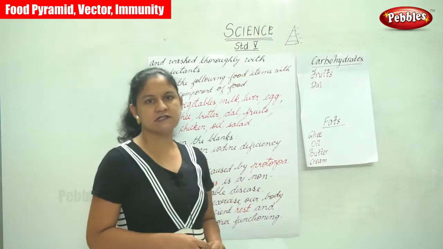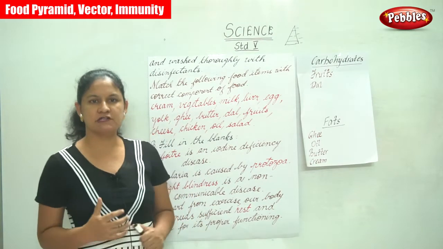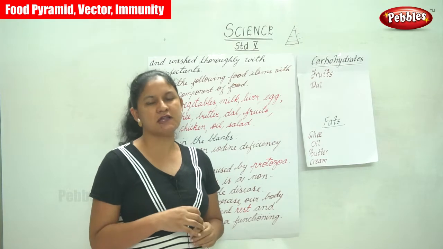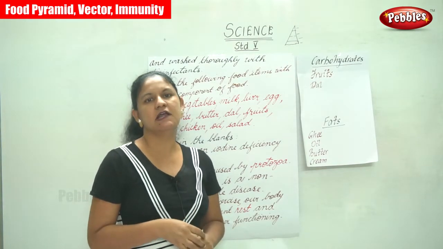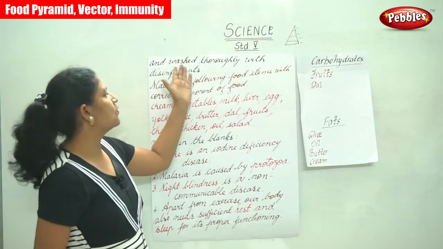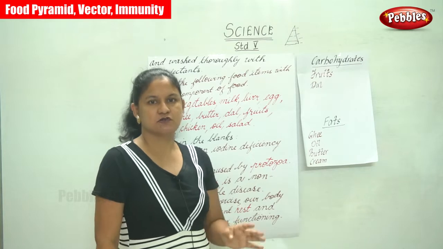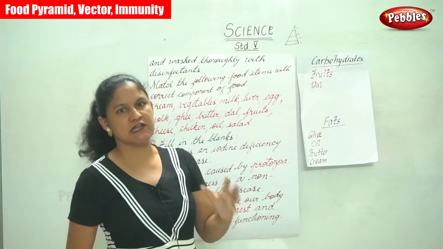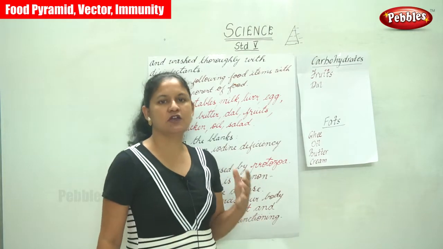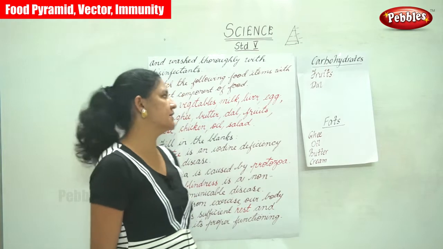So we've seen that all the articles used by that particular person need to be kept separately and washed thoroughly with disinfectants, in order to prevent the spread of the disease.